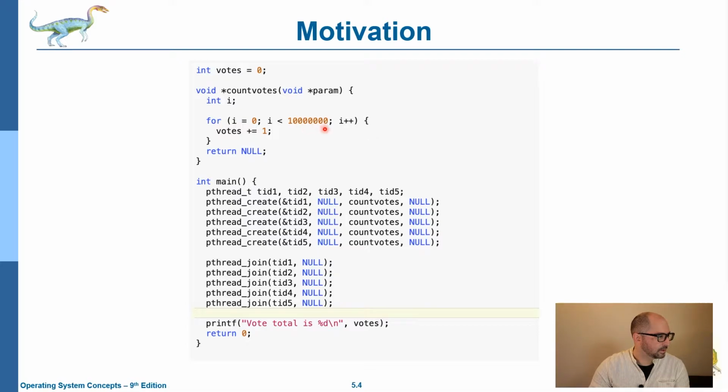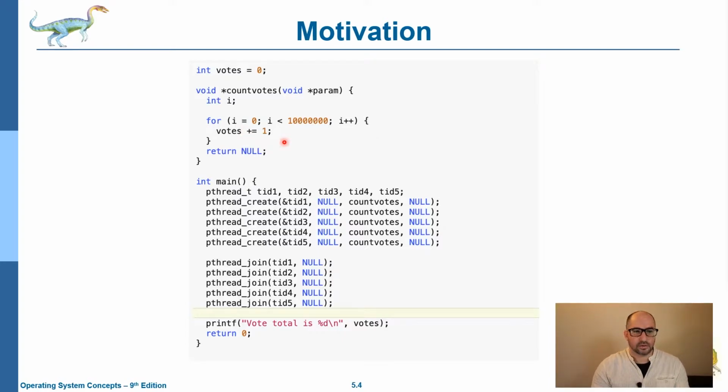10 million votes. 10 million, sorry. And so we should have a total of 50 million votes when this program completes, when the process terminates and all of the threads terminate. When you run this, you realize that that doesn't happen, and that's because of the increment on votes.